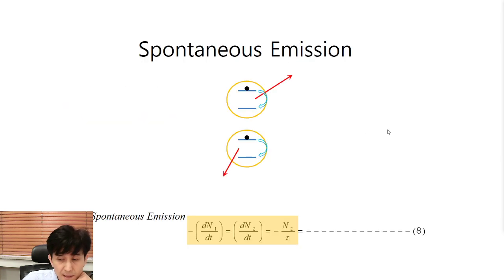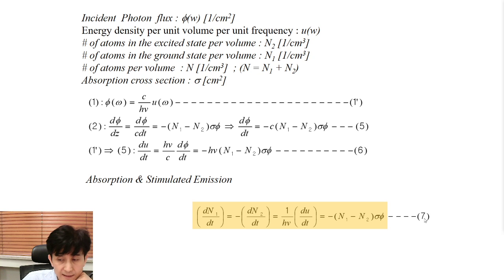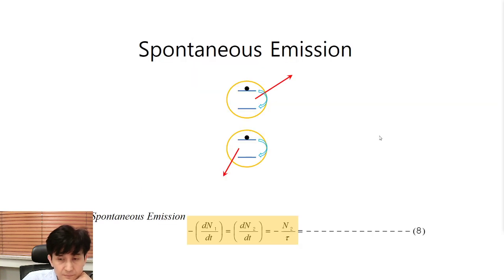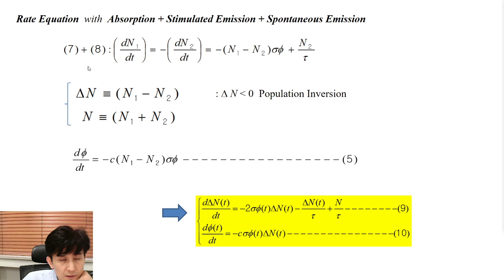By combining equations 7 and 8, we have dN1 over dt, which is equal to minus dN2 over dt, is minus n1 minus n2 times sigma phi plus n2 over tau.